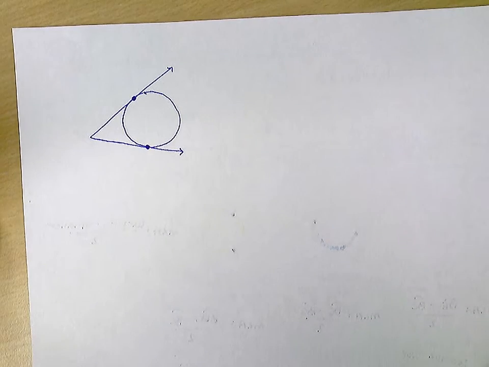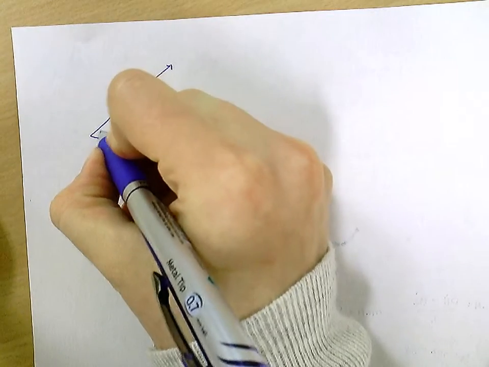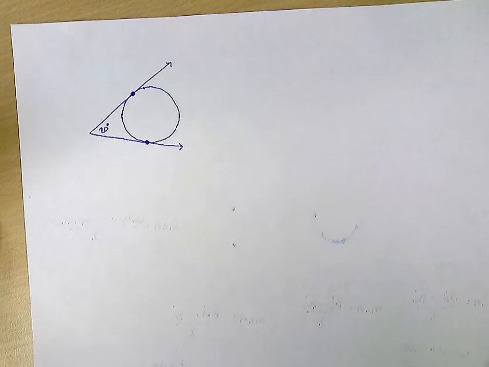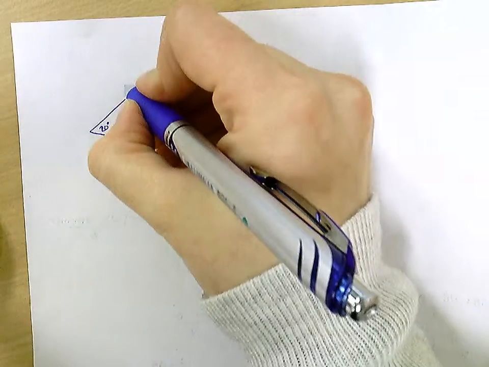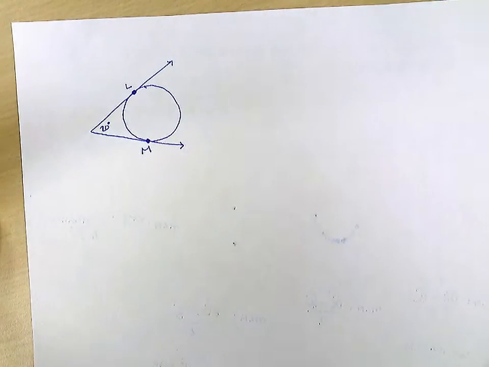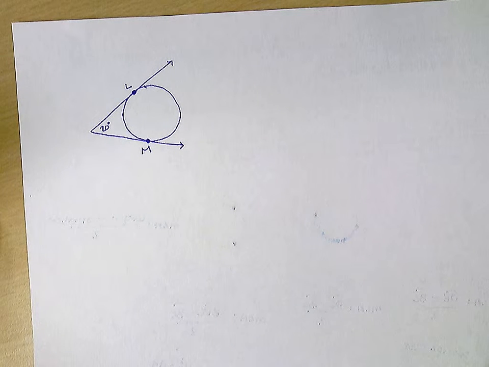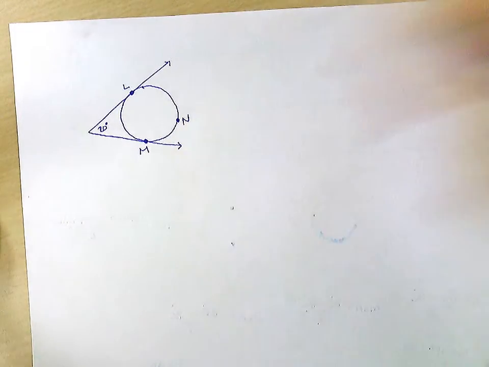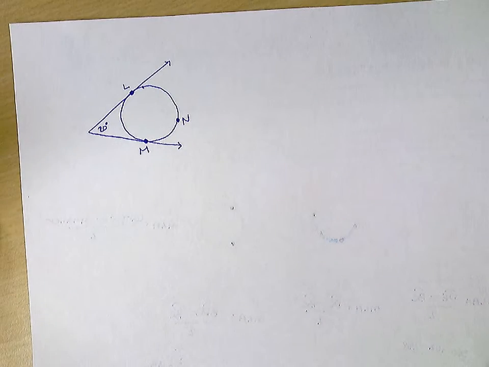There are, I think, 2 problems where you have to do this. You're given an angle measure. I'll just say it's 20. Okay, so the angle measure is 20. And it asks you to find an arc, but it doesn't give you any of the arcs. Okay, so if I say I want you to find arc LM.